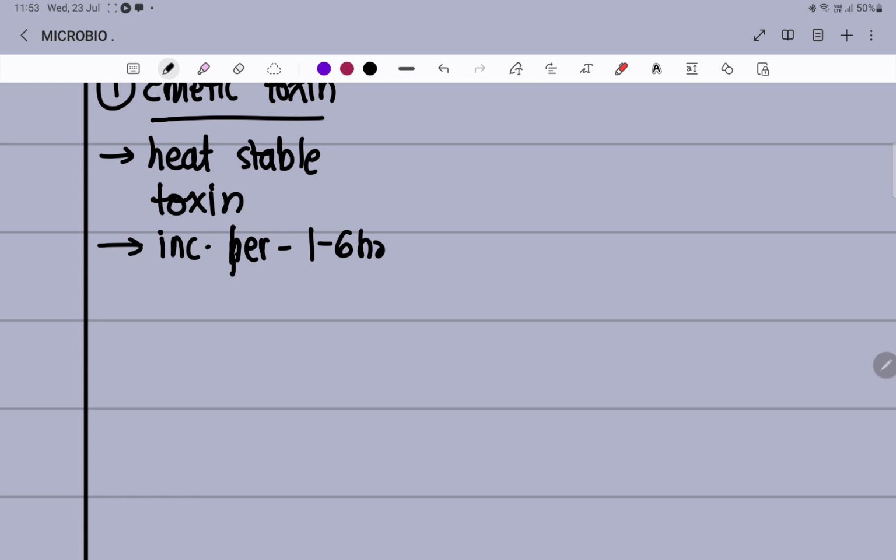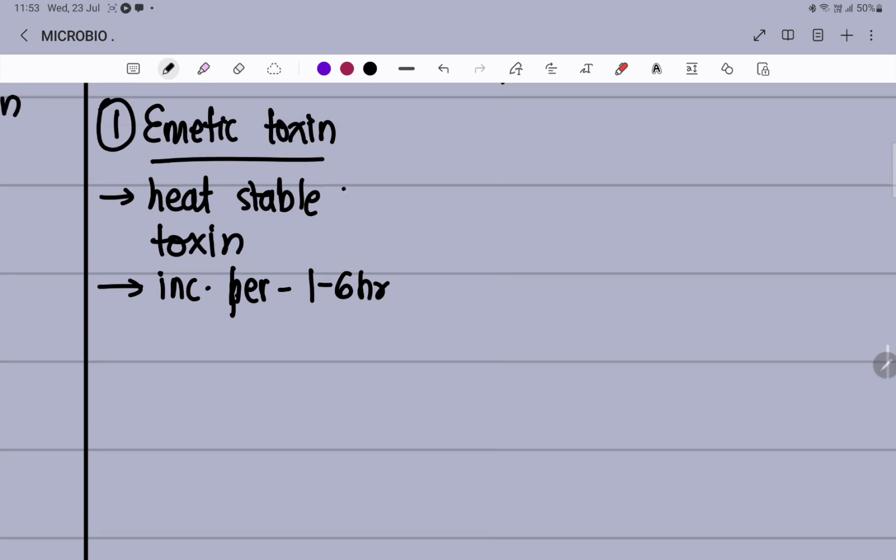is 1 to 6 hours. Okay, incubation period is very short. Why? Because the toxin is already formed. It's a preformed toxin. Heat stable, I'll mention it over here probably. Preformed toxin.